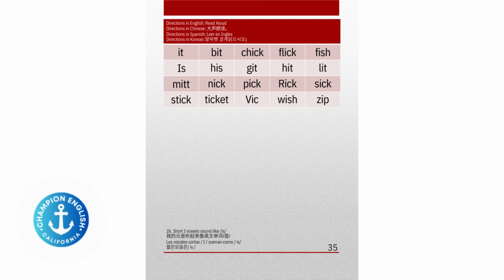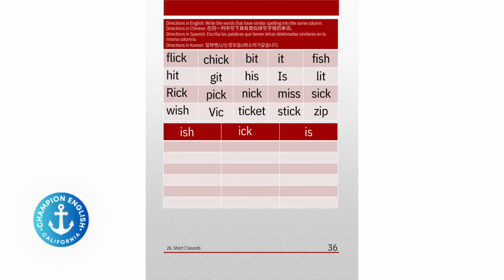As a matter of fact, go ahead and say the word out loud by yourself, and then I'll see you on the next page. Okay, now we're going to put the words in the right column. So we have flick, chick, bit, it, fish, hit, get, his, is, lit, rick, pick, nick, miss, sick, wish, Vic, ticket, stick, and zip.